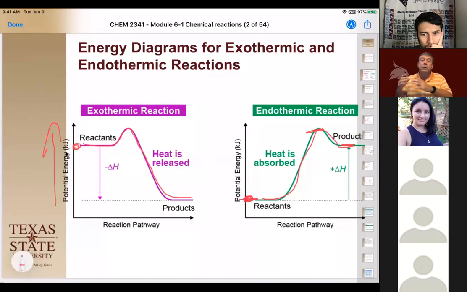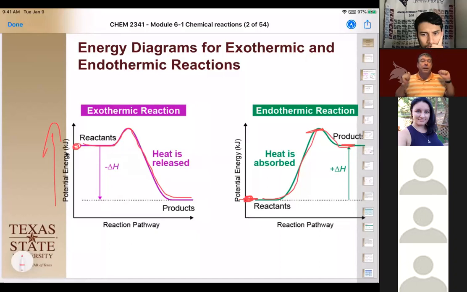That means your new product has more energy in it, which means it's an endothermic process, meaning you had to add heat to the system to get it to go. So in an exothermic reaction, once it starts, it can actually heat itself because of the heat released. Endothermic reactions, you have to continually add heat or they'll cool down and slow down.